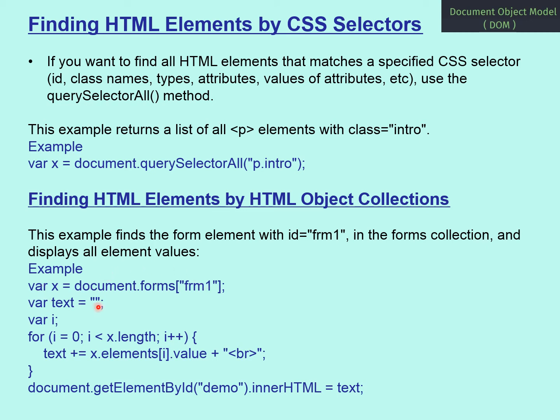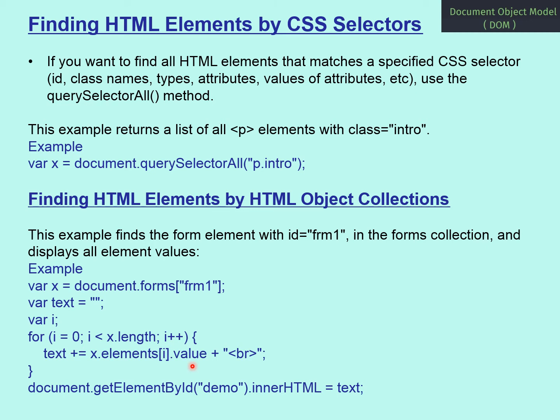Then variable text is an empty string, variable i. For i equal to 0, i less than x dot length, i plus plus, text plus equals x dot elements of i dot value plus br. Whatever contents are inside the corresponding form tag, that value will be extracted and stored in the text variable.